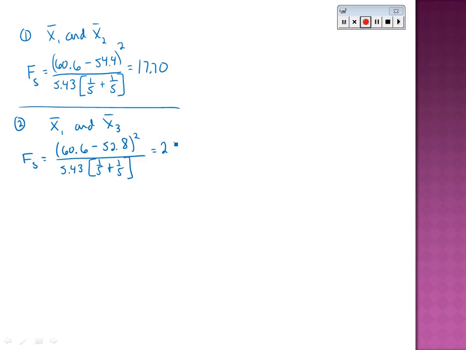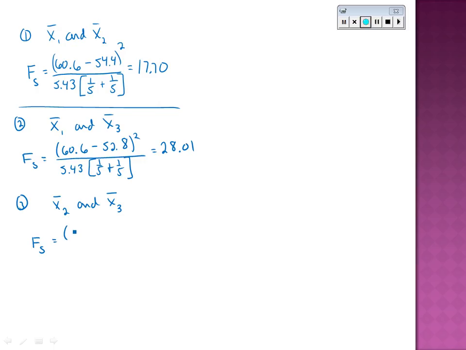And we have approximately 28.01 for that F sub s. And then our last comparison, we're going to compare Boston and Detroit, so x bar 2 and x bar 3.